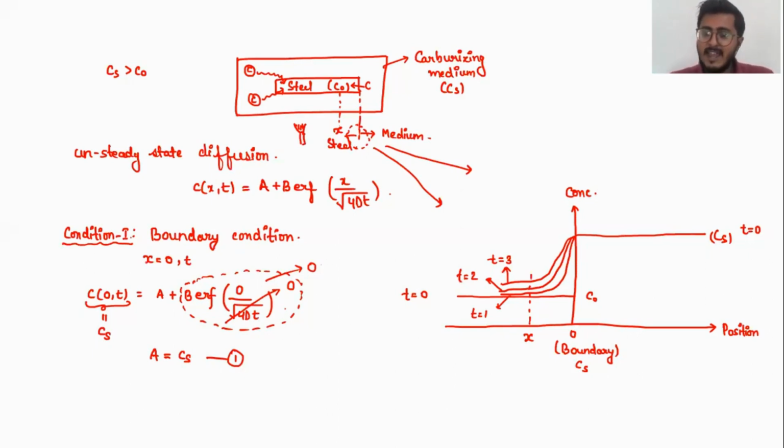So I can take X in any direction, that is X greater than 0. This is my positive side, and this is my negative side. That is X greater than 0 or X less than 0 at my initial time. Since we are discussing the steel component and how the carburization is taking place in that, I am going to take X less than 0 for the initial condition.